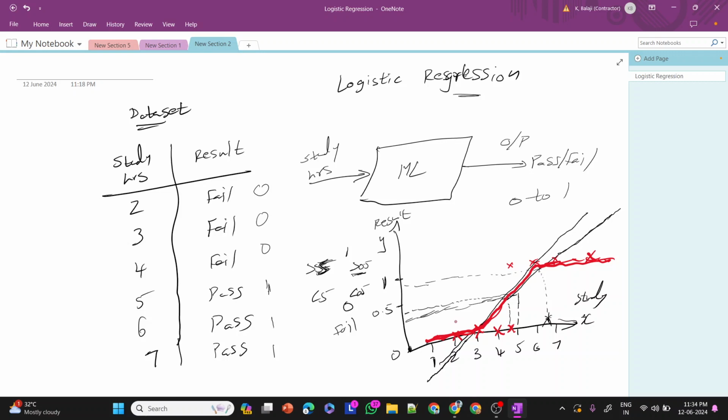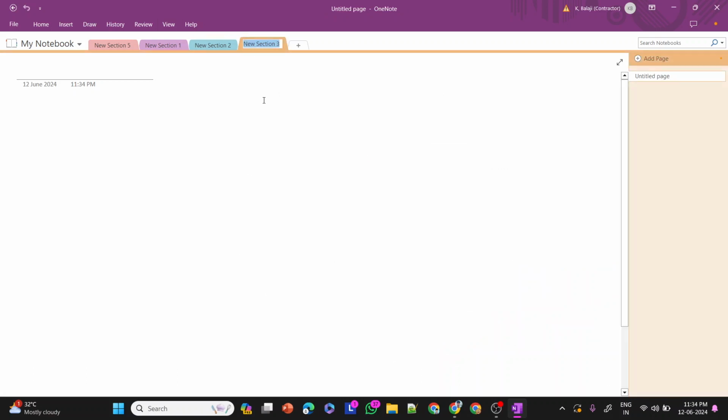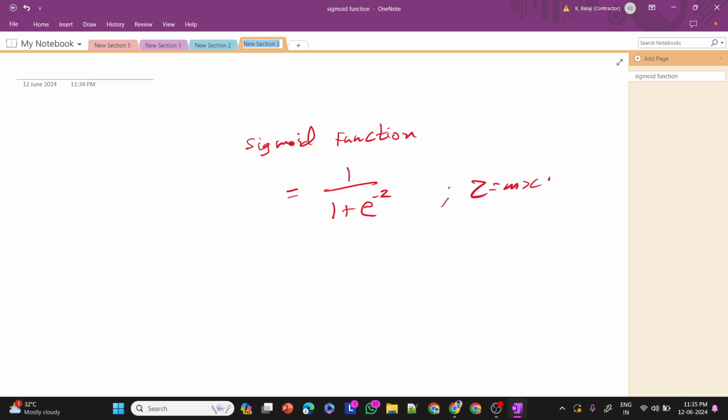So to do this, we apply the sigmoid function to the linear regression, which is 1 divided by 1 plus e to the power minus z. Here z represents mx plus b.